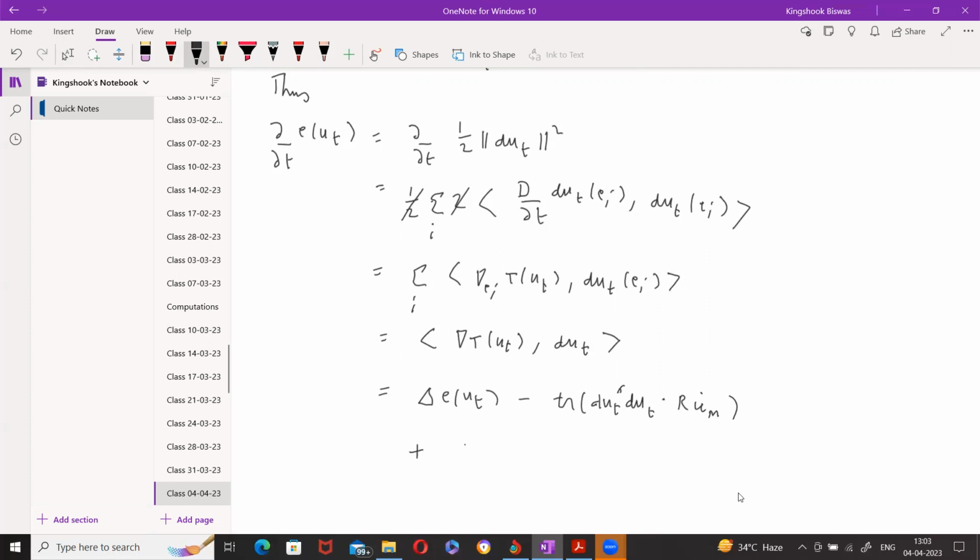Plus the sum over i,j of the curvature term R^N of du_t e_i, du_t e_j, du_t e_i, du_t e_j, right? This is by the Bochner-Weitzenböck formula.